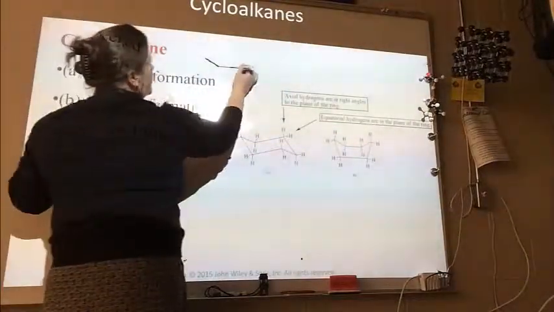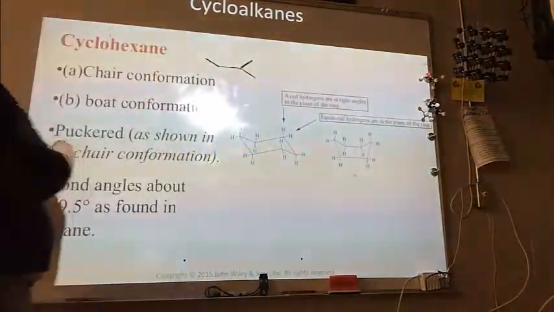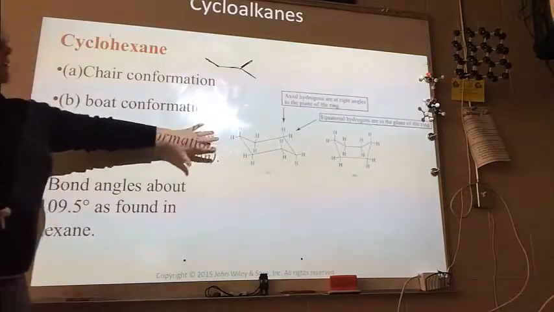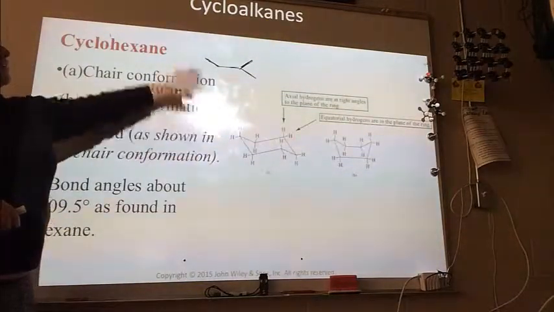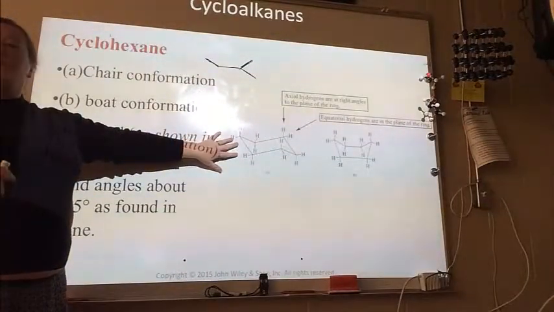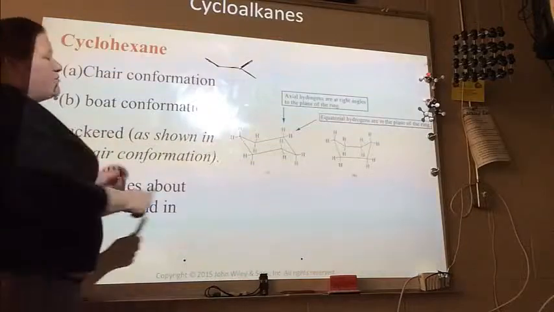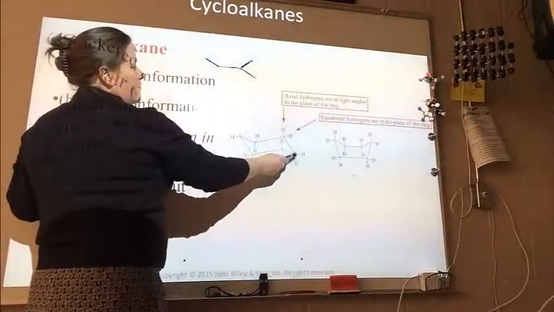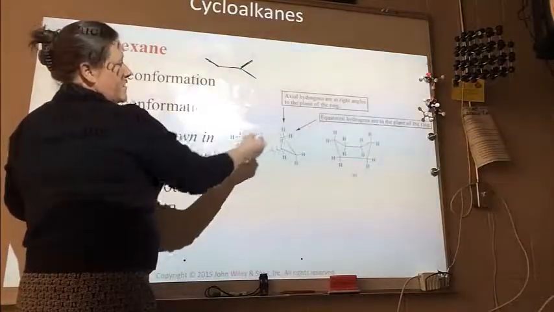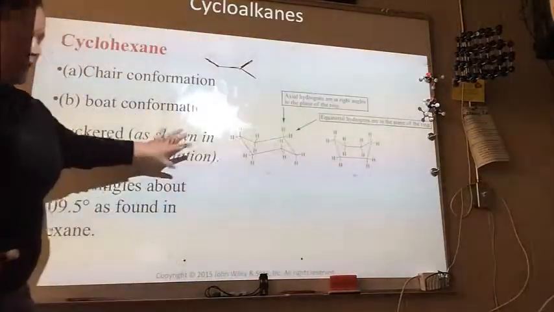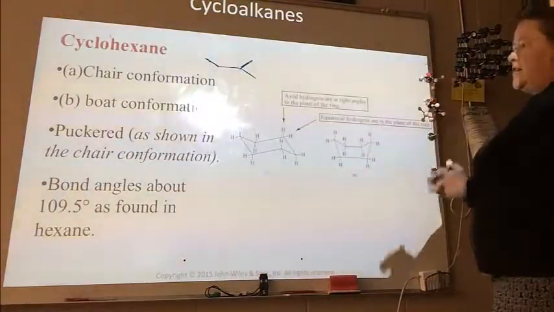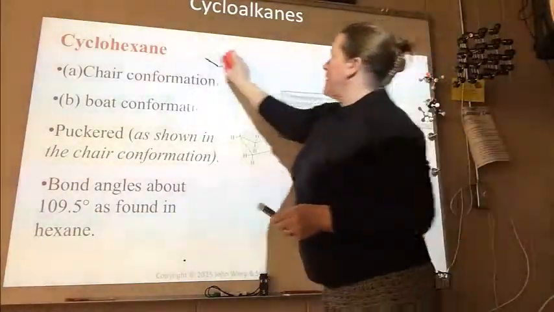The other is where both of them are tipped up like that. These conformations aren't really that important with the cycloalkanes, but they do become more important when we're talking about sugars. Sugar molecules are 6-sided structures, and glucose molecules can have the same sorts of conformations, and depending on how they're oriented, it changes their properties a little bit.